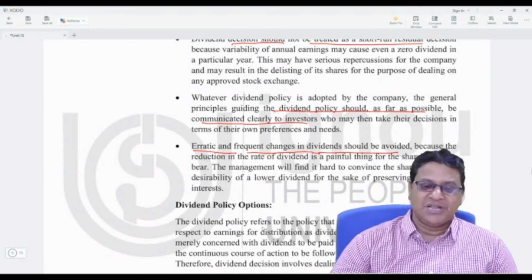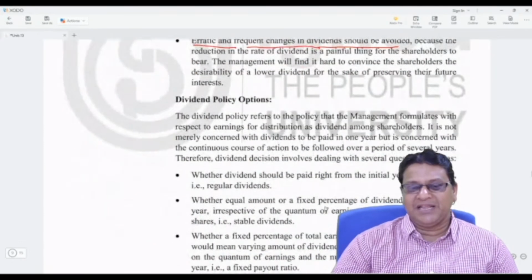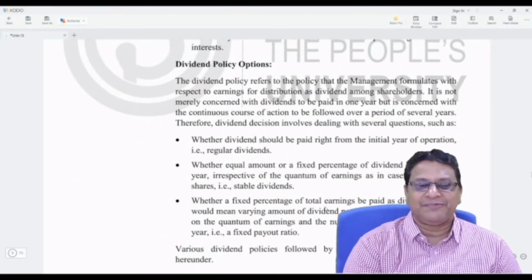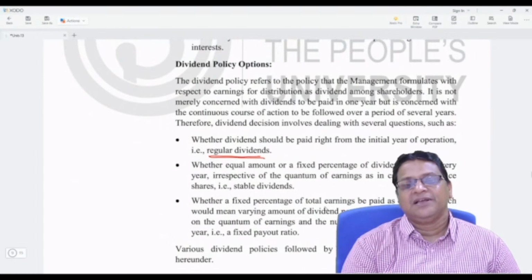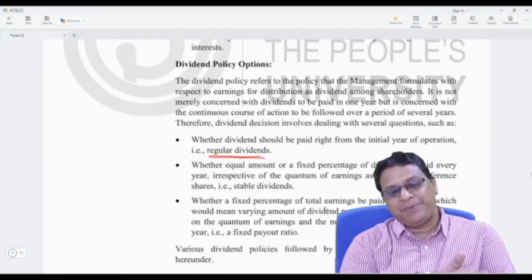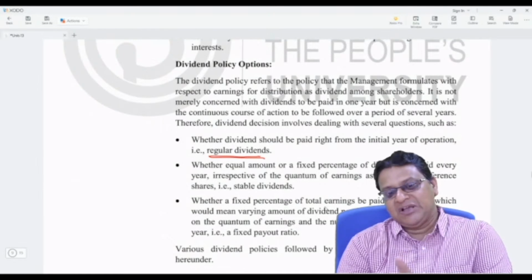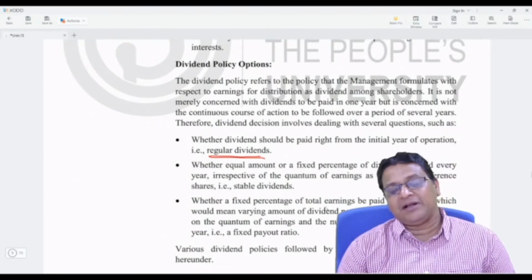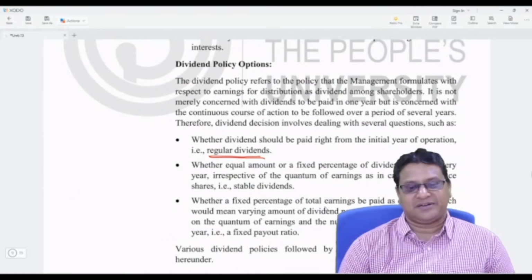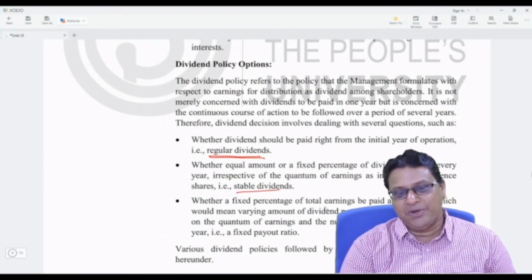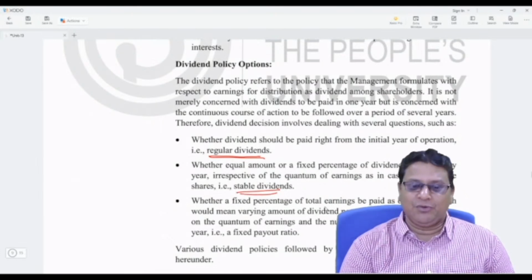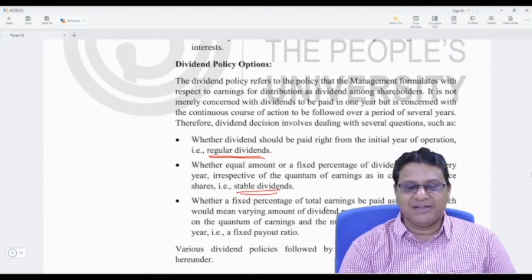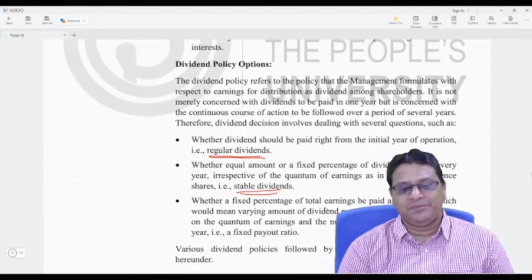So what are the options available before the companies? Generally, three options are available. The company may pay regular dividend. Regular dividend means the company will pay dividend year after year. Every year the company will pay some dividend. Then next there is stable dividend. Regular dividend means every year dividend will be paid.